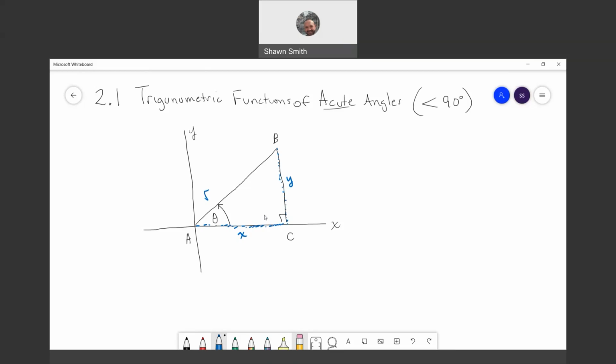All right, so in relation to theta, x right here is one of the rays that forms that angle between x and r for theta. And that is adjacent to theta. So it's like touching the angle, right? It's part of it, part of the rays.